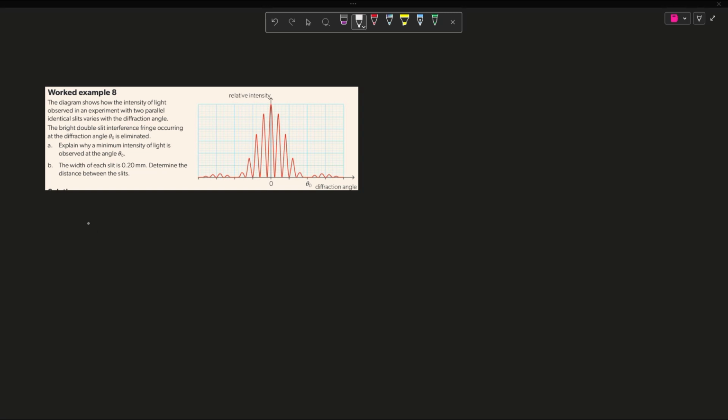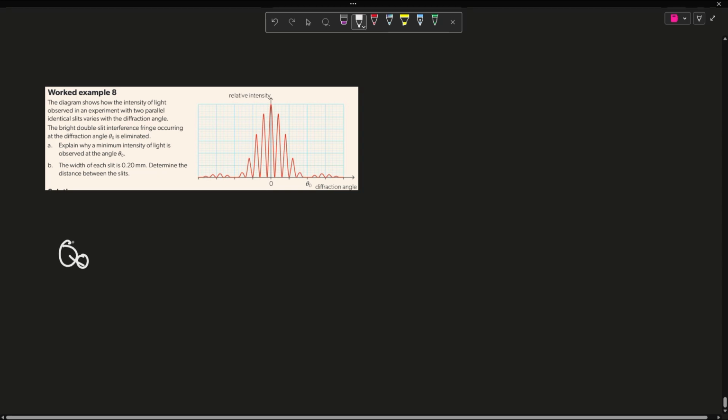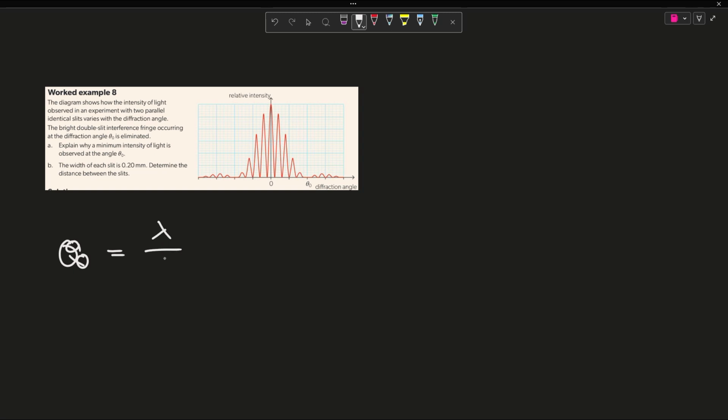So for B, it's obvious that this angle theta is equal to the wavelength over the width of the slit. But if you draw it out, then to this angle here, as you can see from the graph, it's supposed to be the fifth bright spot in this little one.